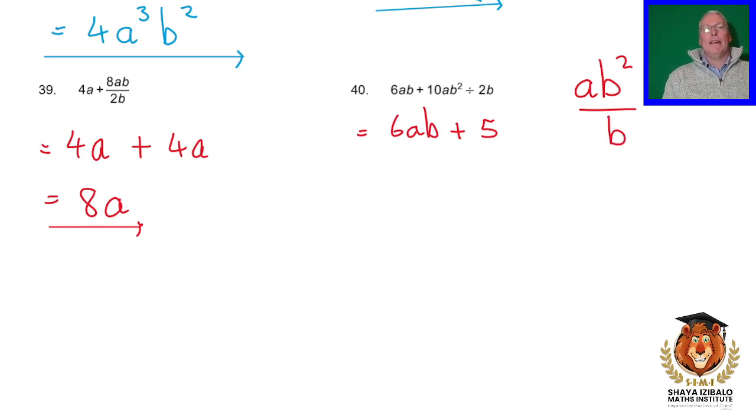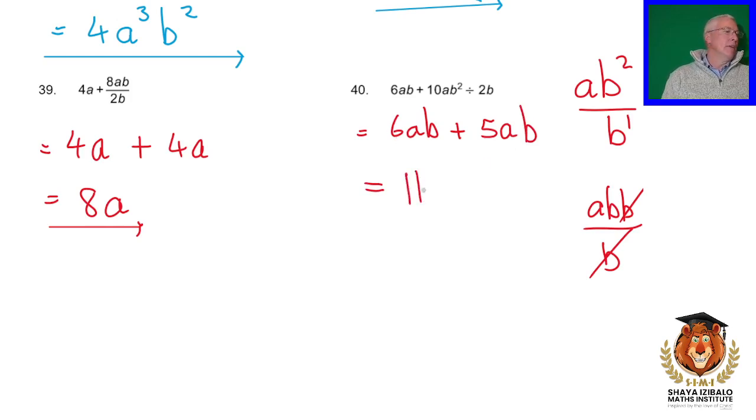We could either say, let's expand this to abb over b and divide the top and the bottom by b and we get ab. Or we could say, the a is just there and let's subtract the exponents. So 2 minus 1, just b. Have we got like terms? Yes, we have. 6 things plus 5 things, 11 things. 11ab, and there's our final answer.